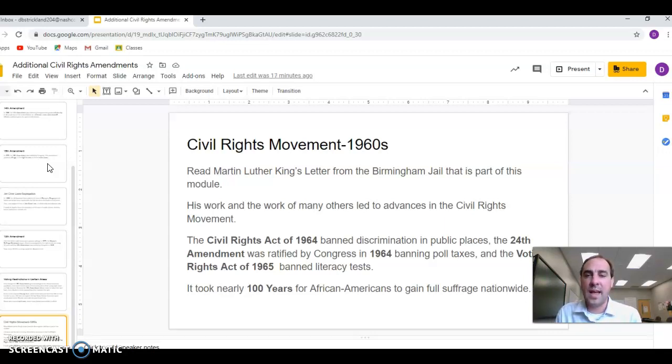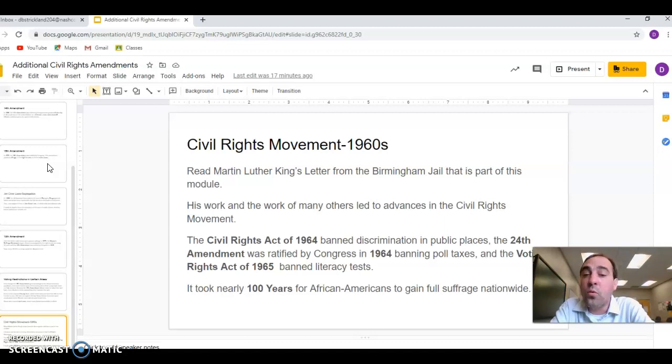I want you to read that letter and see how it would make you feel. Okay, this was written from a jail cell by the leader of the civil rights movement, and it is very, very important to read.